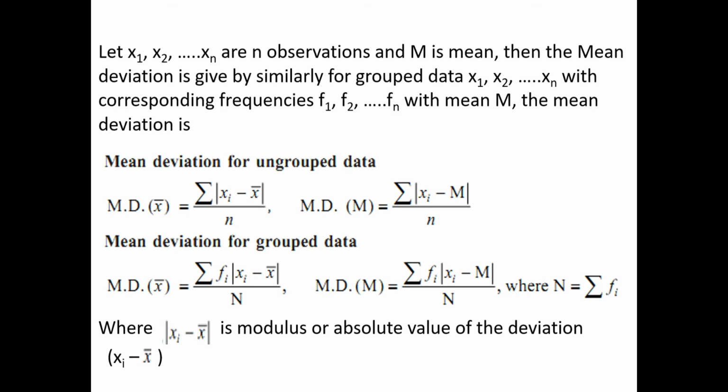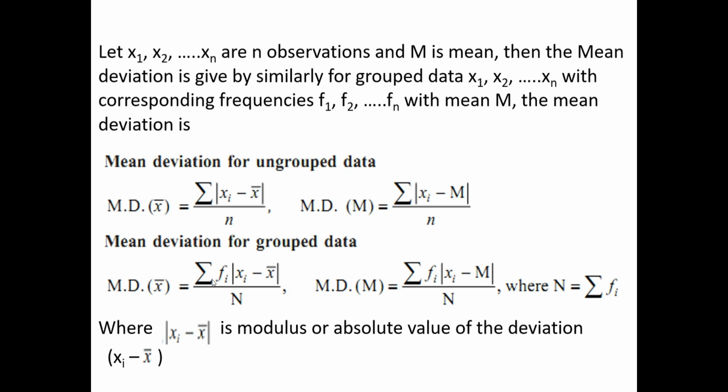The formulas: let x1, x2, ..., xn be n observations and x bar the mean. The mean deviation is given by the summation of modulus of xi minus x bar divided by n, about the arithmetic mean.